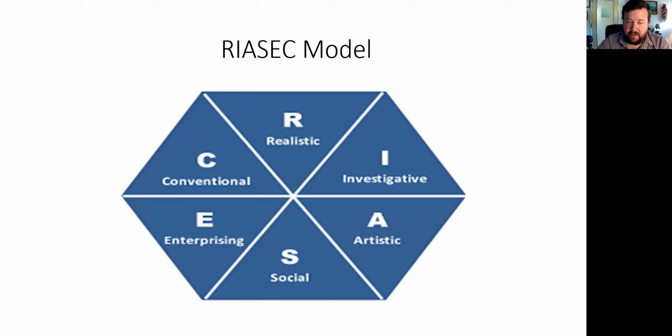It is a trait theory because depending on the test we use, we can come up with some sort of code that reflects at least 2 to 3 of these traits. As we'll see from this code, RIASEC stands for realistic, investigative, artistic, social, enterprising, and conventional.